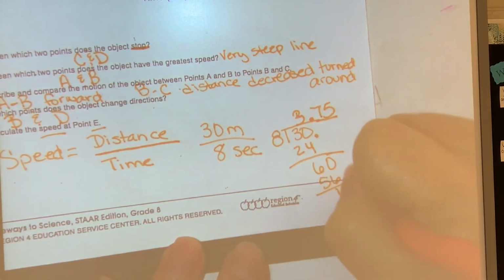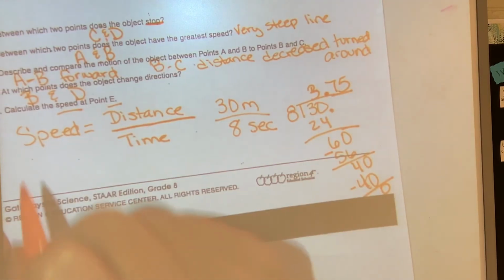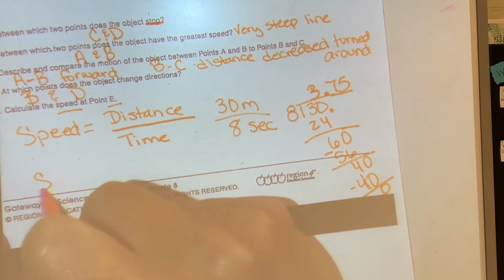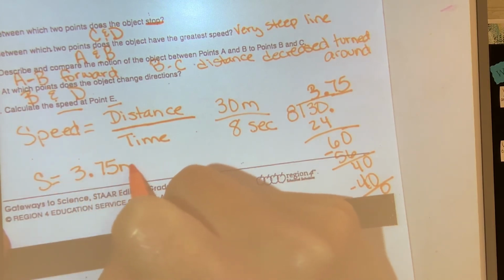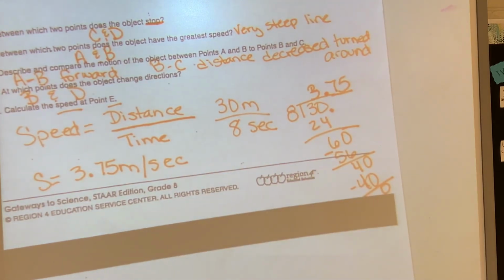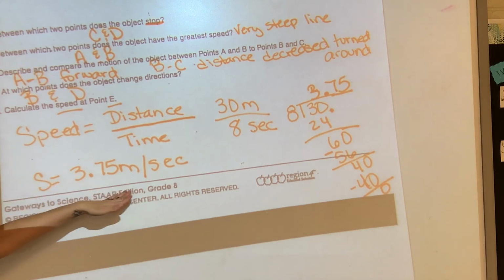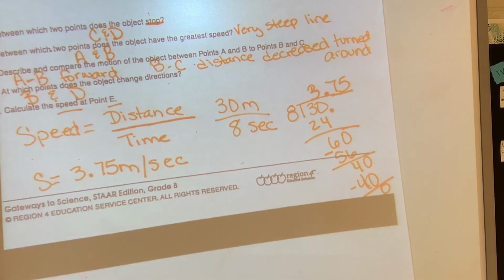You're sitting there going, whoa, I know. Simple math, kids, simple math. All right, so I went a speed of 3.75 meters per second. Remember, if you do not have your units of measurement, they mean nothing to me. 3.75 doesn't tell me anything. I have to know what my distance and my time was recorded in. All right?